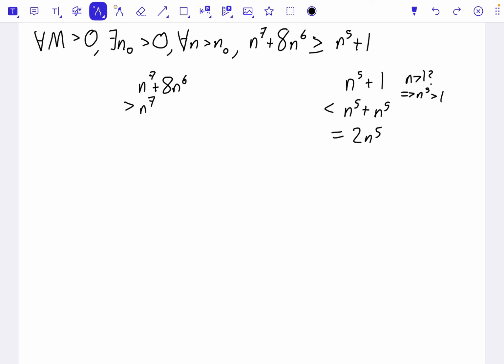Well, that's an even power of n, and those are always positive, regardless of the sign of n. So in that n squared case from last lecture and the n to the power of 6 case right now, the use of this trick doesn't require any assumptions about n. It's just always true. And I think that's neat.